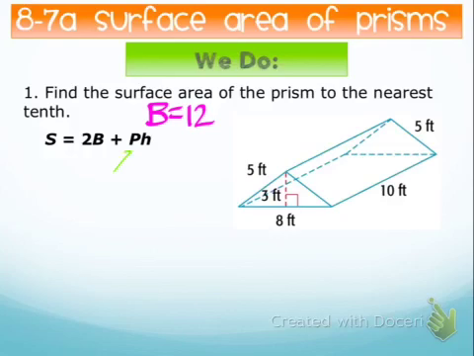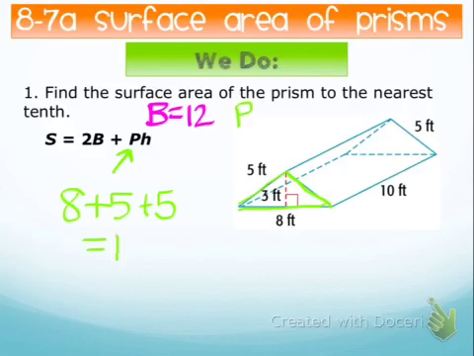Okay, up next we need to find this P, which means perimeter of the base. So our base, again, is this triangular shape. And to find the perimeter, we have to find the distance around the outside. So to go around the outside, we're going to go 8 plus 5 plus another 5, which gives us a total of 18.